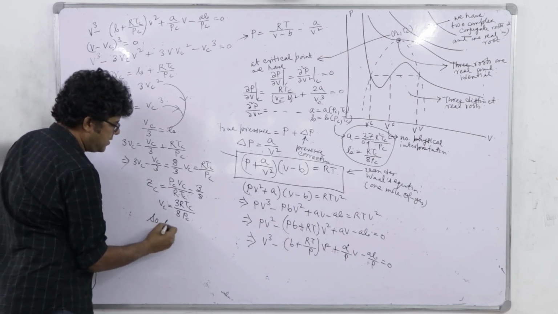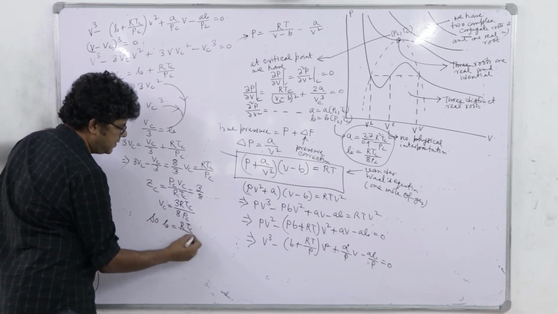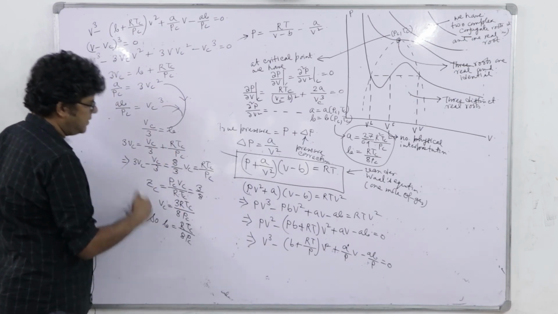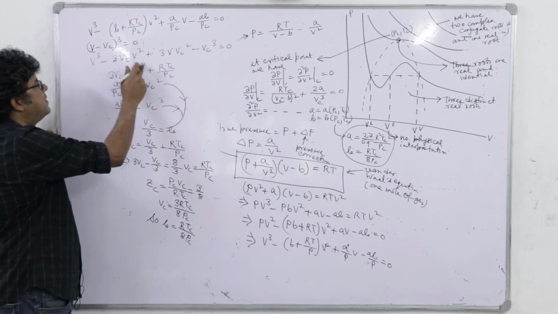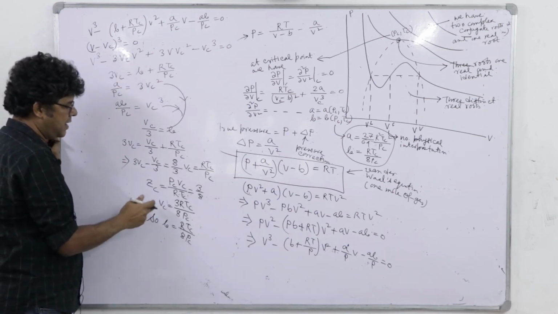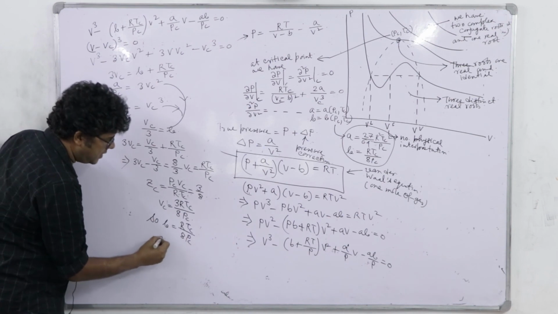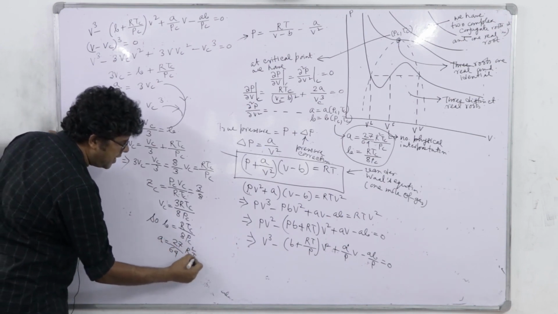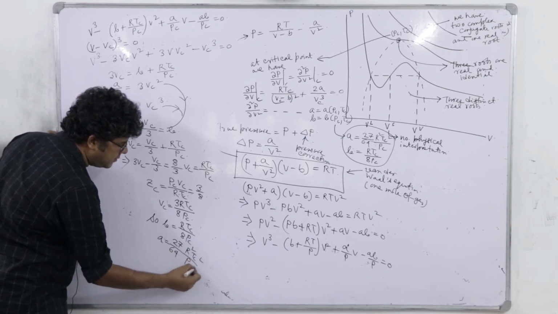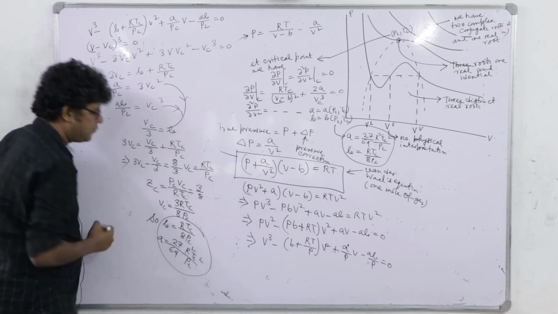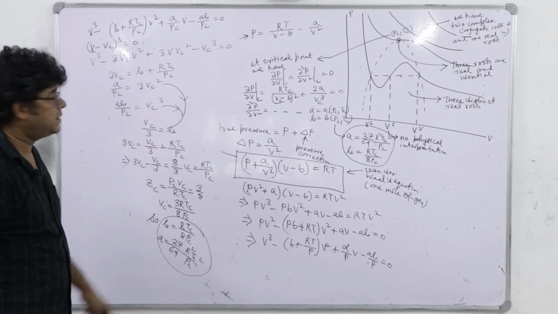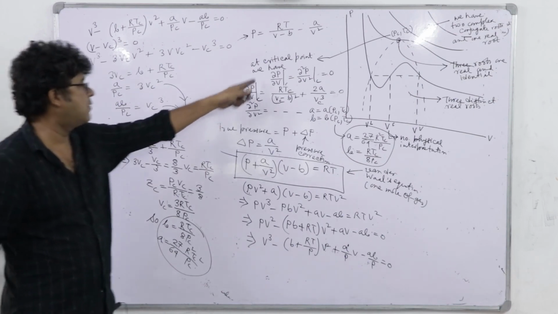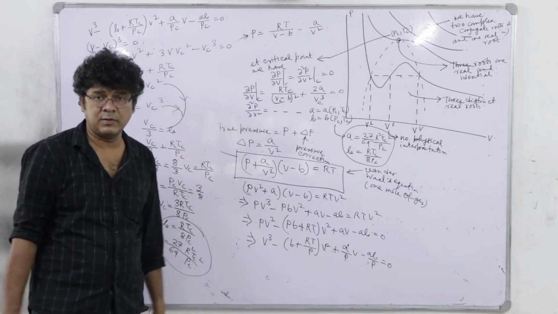So, B is equal to RTc by 8 Pc because B is equal to Vc by 3, and again if I replace it here with the Vc value as 3 RTc by 8 Pc, we will subsequently get A is equal to 27 by 64 R square Tc square divided by Pc. Right. So, you can solve it via this much simpler analysis instead of going by the first and second derivative equal to 0.